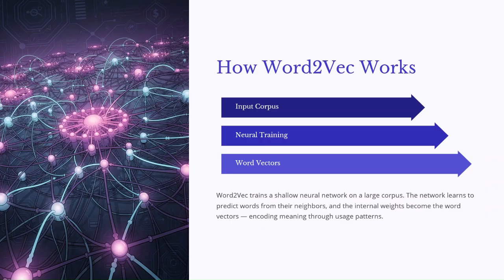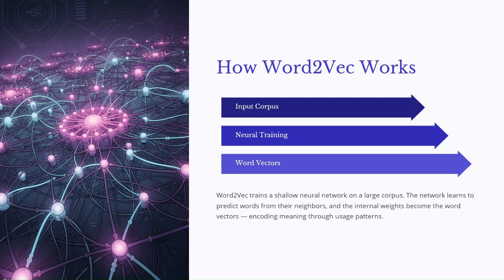So how Word2Vec works is it takes the input corpus. Input corpus is nothing but your input text, a large data set, and then it does the neural training and converts words to vectors. Word2Vec trains a shallow neural network on a large corpus. The network learns to predict words from their neighbors, and the internal weights become the word vectors.